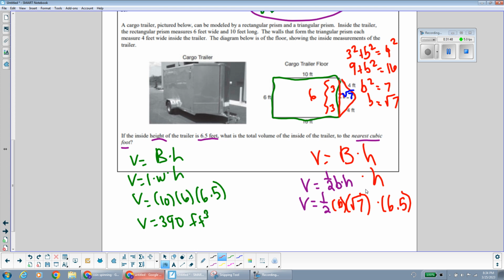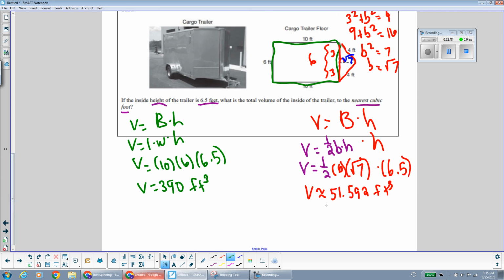So let me put this into my calculator. 1/2 times 6 times radical 7 times 6.5. And I want to keep a couple of decimal places to my very last step. I got 51.592 cubic feet.